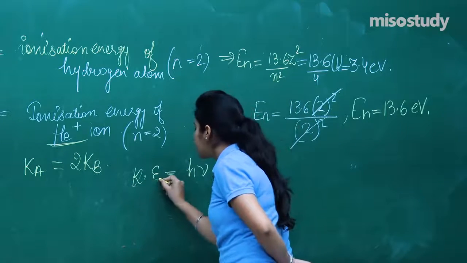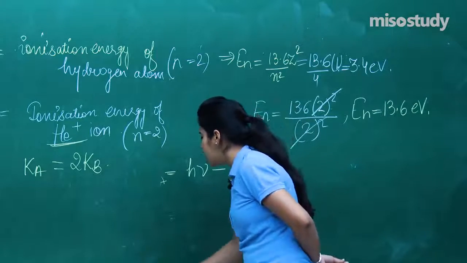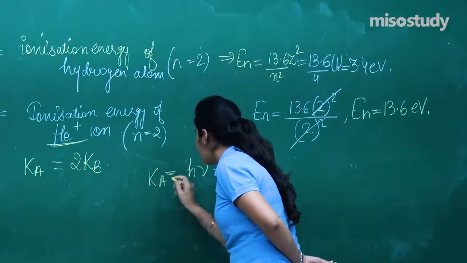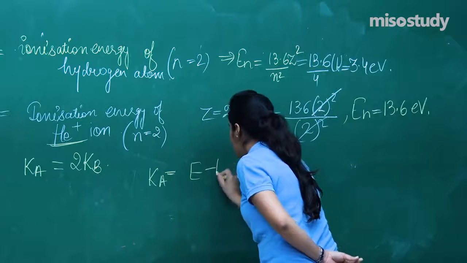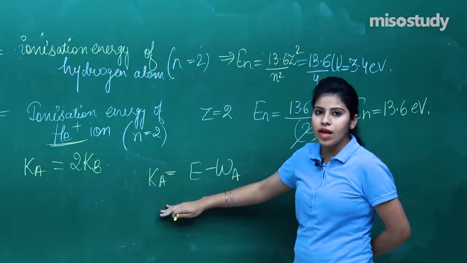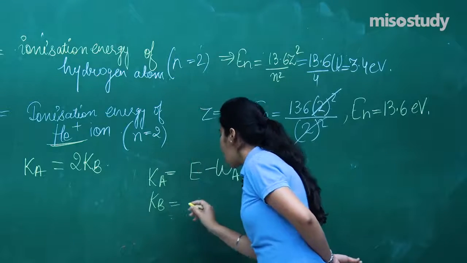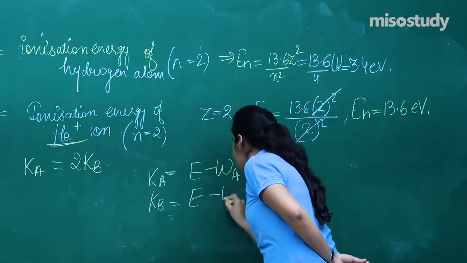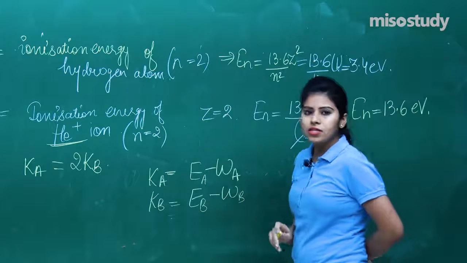Suppose this is for A, so let me write Ka equals energy minus work function for A. This is our equation. Now for B, we have Kb equals Eb minus Wb, isn't it?